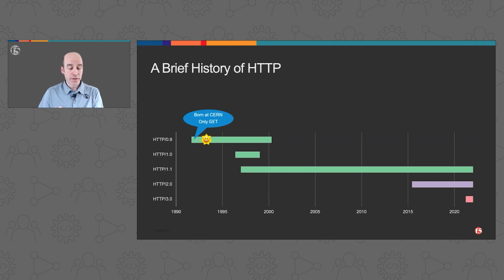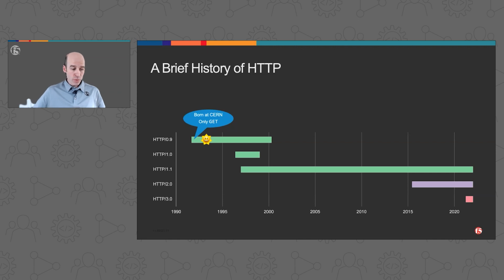Now, although this was hyperlinking and hypertext in 1991, actually the Gopher protocol was the king of hyperlinks and was more popular than HTTP, even though both protocols originated at the same time. So there's a tiny bit of trivia about the early days of hypertext and hyperlinking.